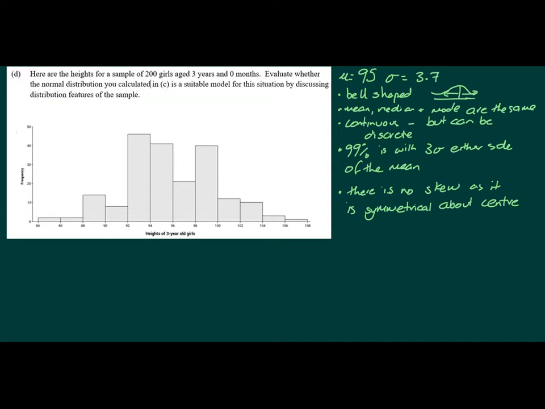Is it bell-shaped? Well, you could argue that it's kind of bell-shaped, and I've drawn the peak roughly at 96, even though you've got this high value here. Is it symmetrical about the mean of 95? Probably not quite.